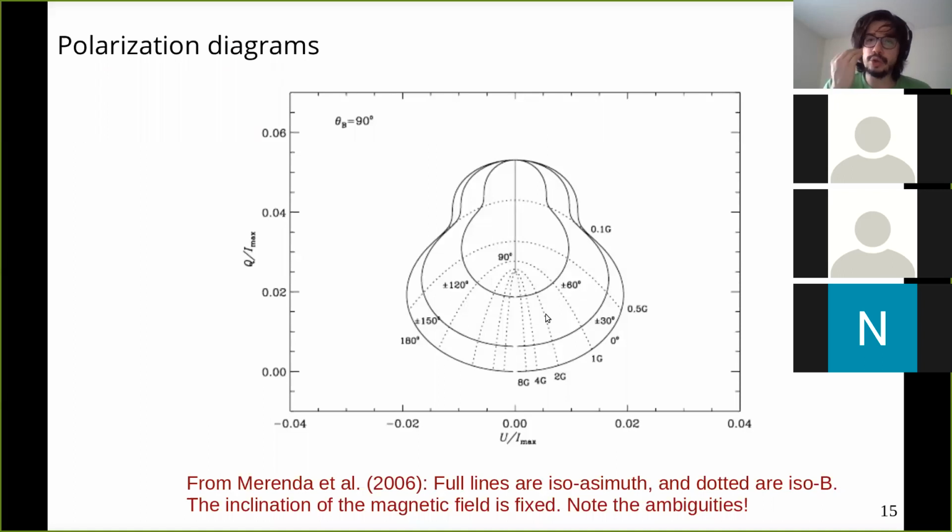Okay, and what I want you to stress here is that there are going to be some combinations, and of course we can't see it from these sketches here, but trust me, I'm going to show you examples of that later, where for different combinations of angles and strengths of the magnetic field, we're going to have the same Q and U. And that's going to be very, very problematic. That's something that is called ambiguity. Okay? And I'm going to show you an example of ambiguity very soon.